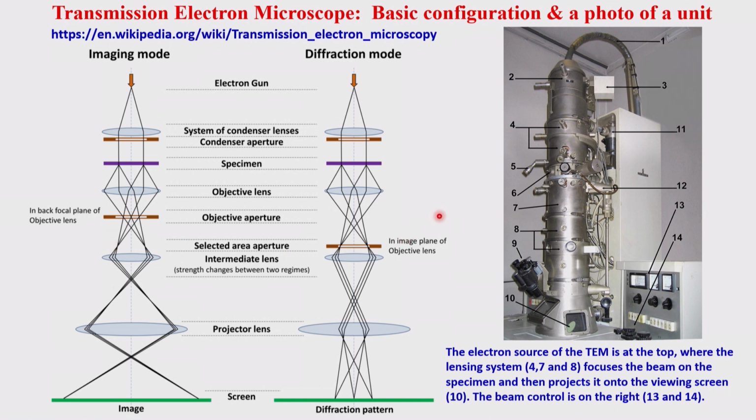So here versus here, there are some little changes, and that is what makes for diffraction in one case and transmission in another. So you are either not allowing the non-diffracted and allowing only the diffracted, or allowing all the electrons, and then you project either to the detector, the image plate, or the diffraction detector. This is the projector lens, and then the image plate or the diffraction pattern.